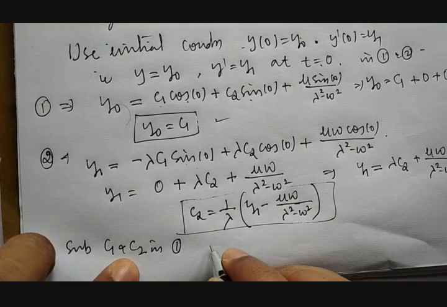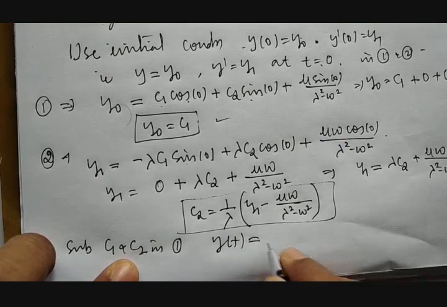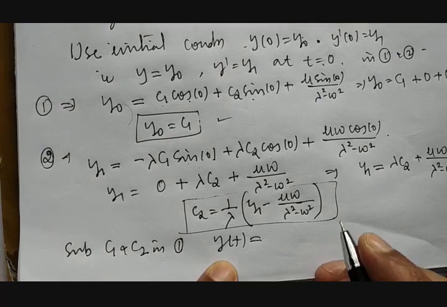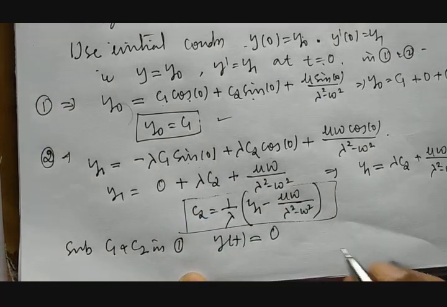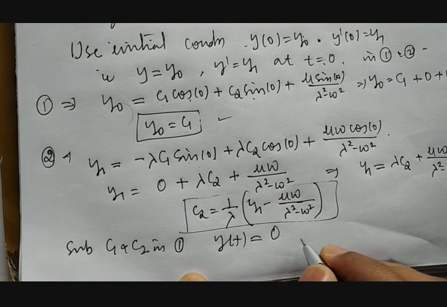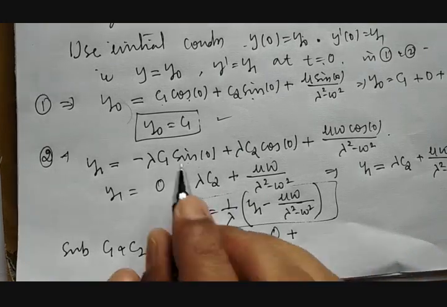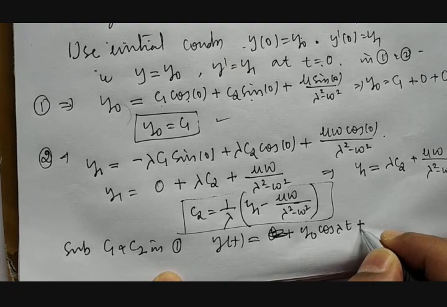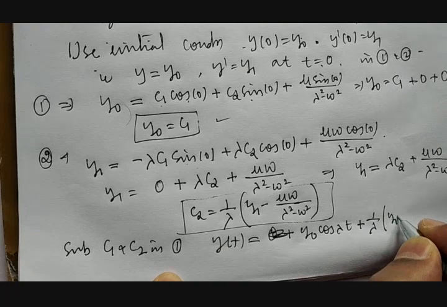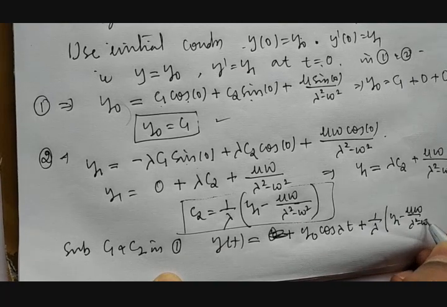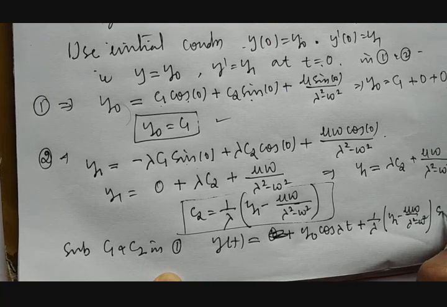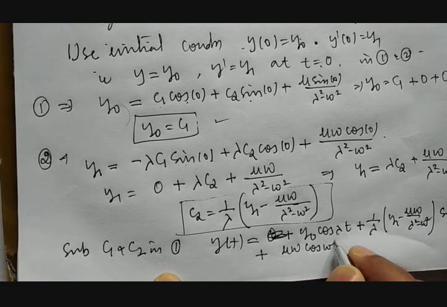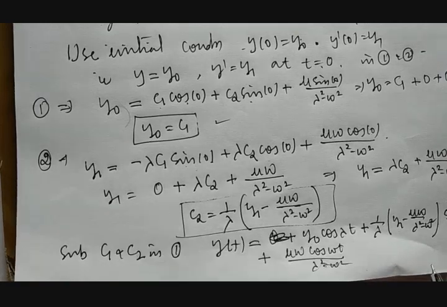Then equation number 1 becomes y of t is equal to, C1 is y naught, so it becomes y naught into cos lambda t plus C2 is this whole thing, 1 by lambda into y1 minus mu omega by lambda square minus omega square, into sin lambda t, plus mu into sin omega t divided by lambda square minus omega square.